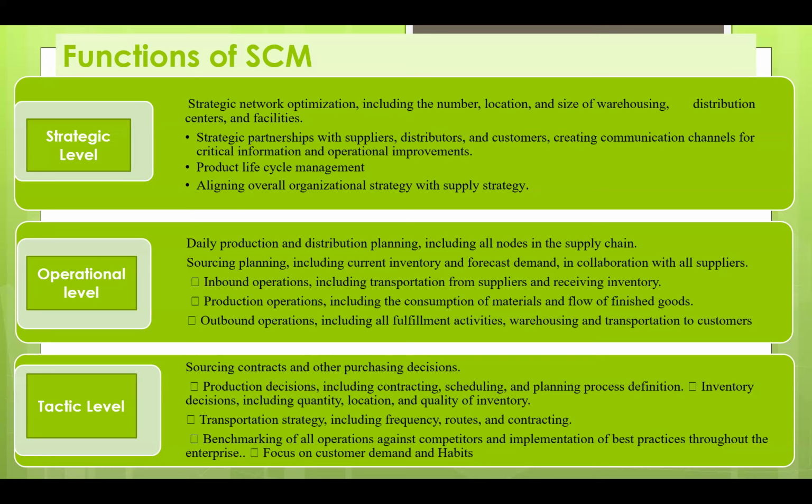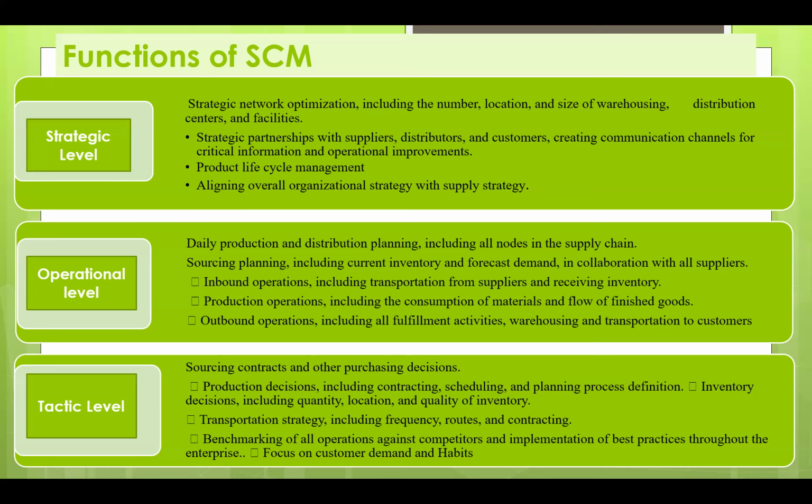It includes inbound operations, production operations, and outbound operations. Inbound operations include transportation from suppliers and receiving inventory. Production operations include consumption of materials and flow of finished goods. Outbound operations include all fulfillment activities, warehousing, and transportation to customers. So, all this is performed at the operational level by the supply chain.